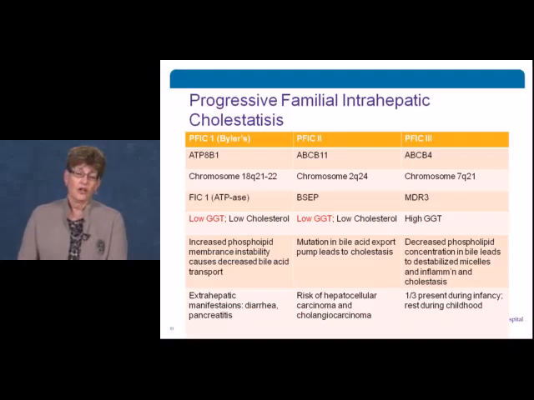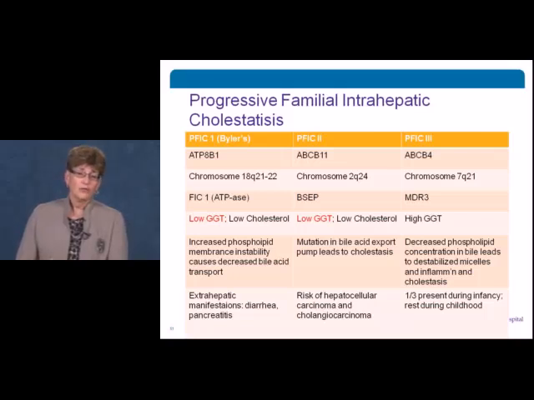In PFIC 2, there's a mutation in the bile salt export protein, in that pump, and it leads to cholestasis. And then with multi-drug resistant 3 deficiency, you have decreased phospholipid concentration in the bile, which leads to destabilization of the micelles, inflammation, and cholestasis.